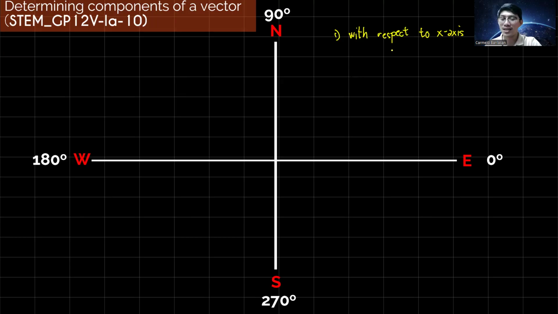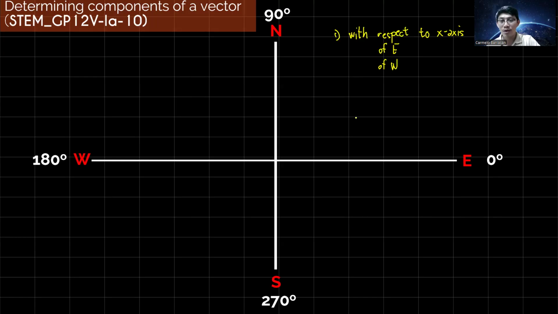So we can say of east, or of west. What are the directions along the x-axis? That's east or west. So that's the first way to describe the direction, with respect to the x-axis, of east and of west.